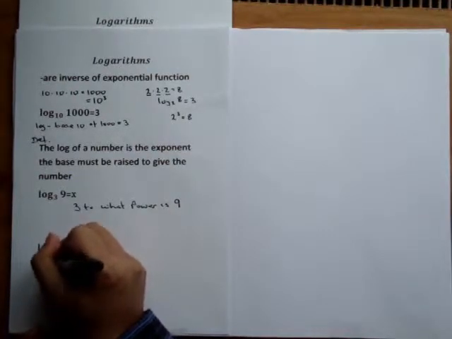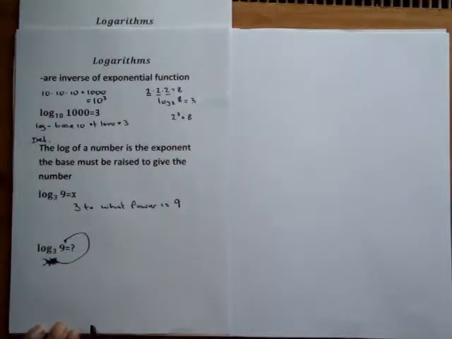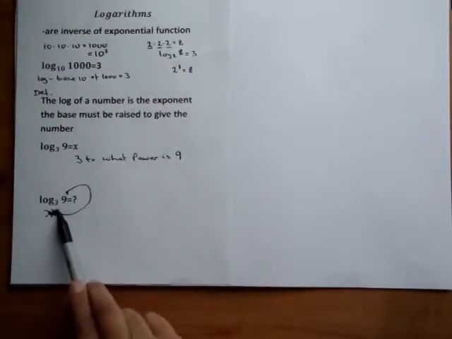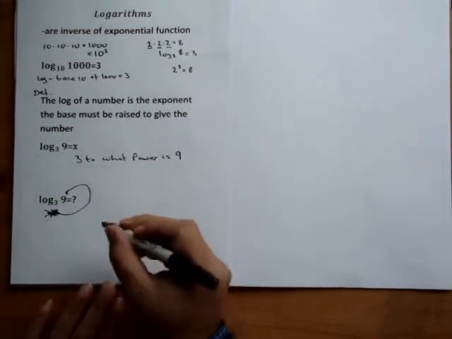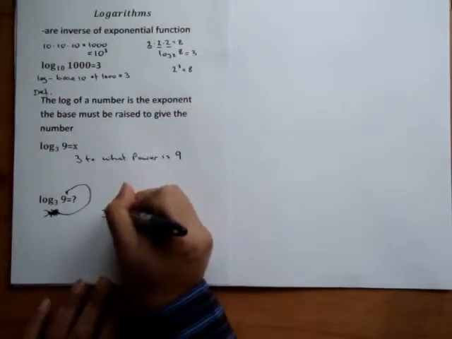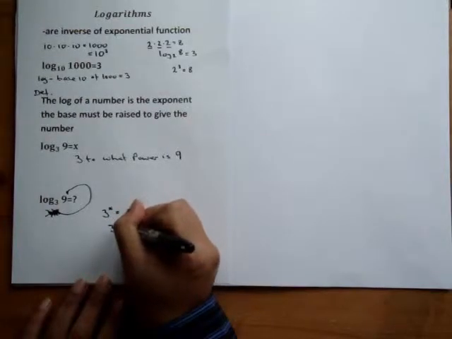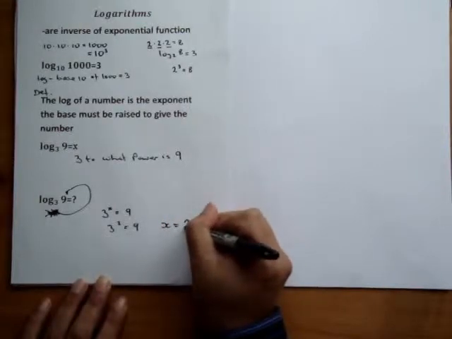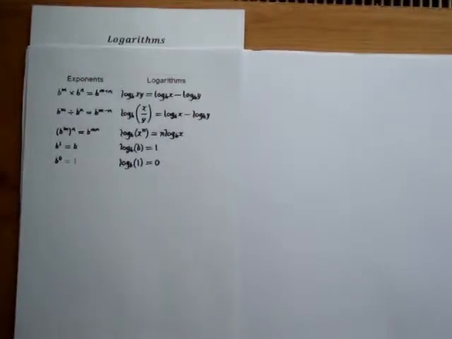So we have our little scorpion with its claws, and 4 pairs of legs. So follow it round, so we go 3, follow it round, to what power is 9. And when we do that, we say 3 to the x, to what power equals 9. 3 to the power 2 equals 9. Therefore x equals 2.